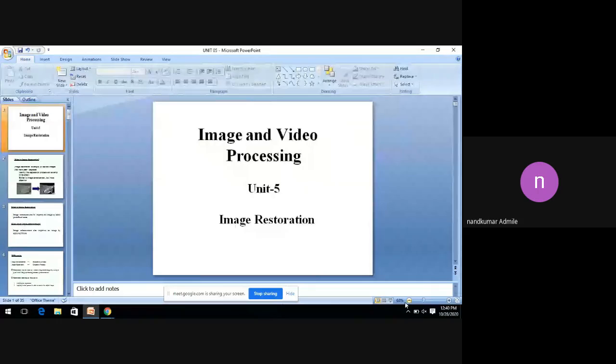Before starting with image restoration, we studied image fundamentals.